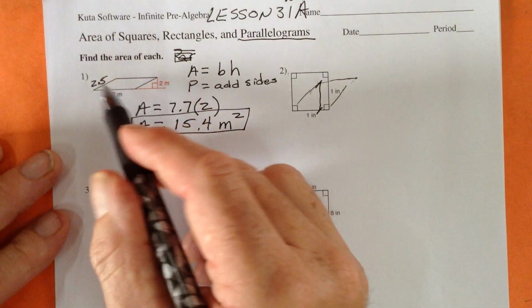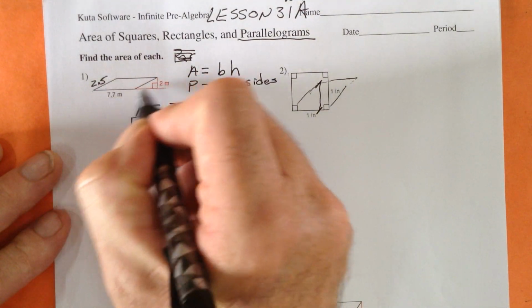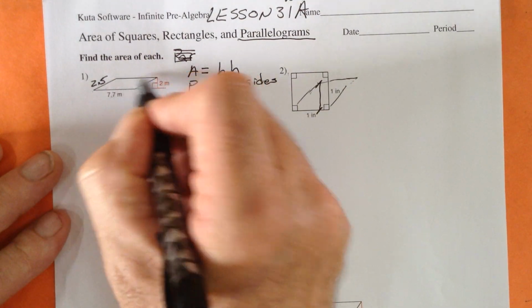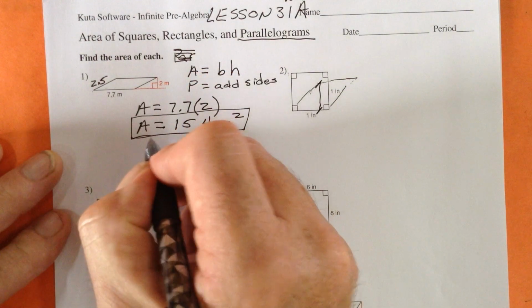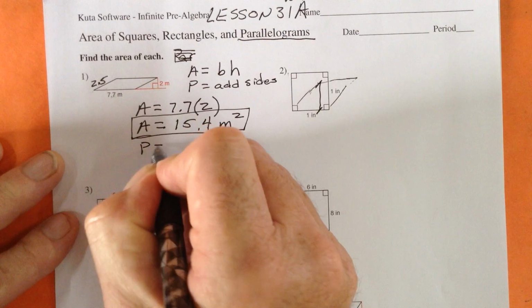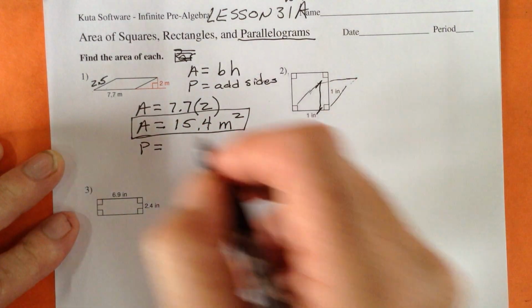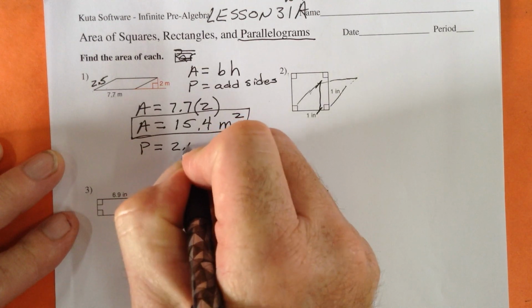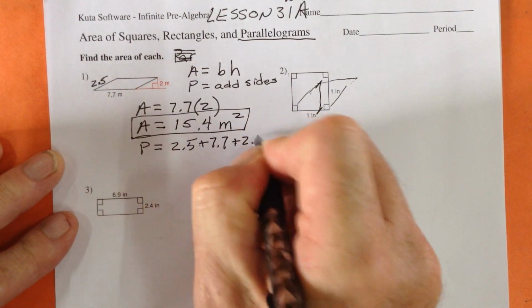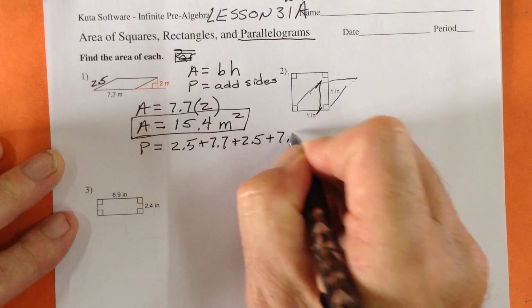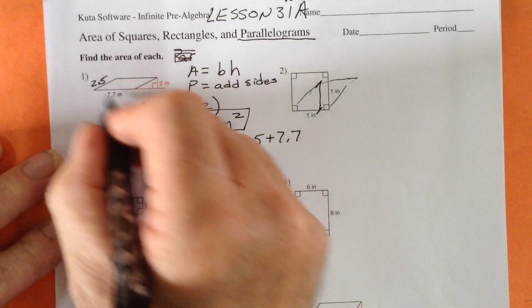So you go 2.5 plus 7.7 plus 2.5 plus 7.7, just like a rectangle or a square. Add them up, and that'll be the distance around.